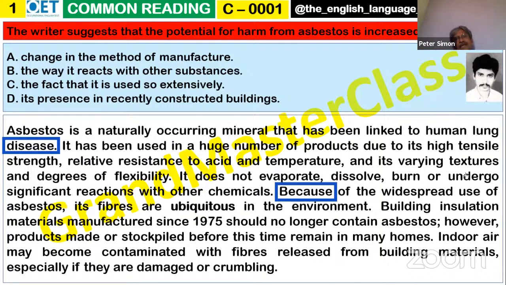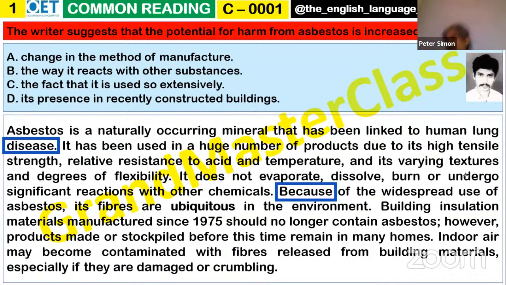Now, in the second line, it has been used in a huge number of products. First of all, it is linked to human lung disease, but even then it has been used in a huge number of products due to its high tensile strength.